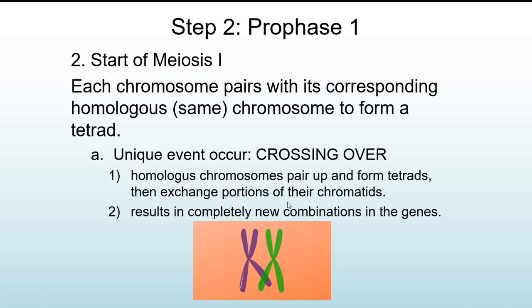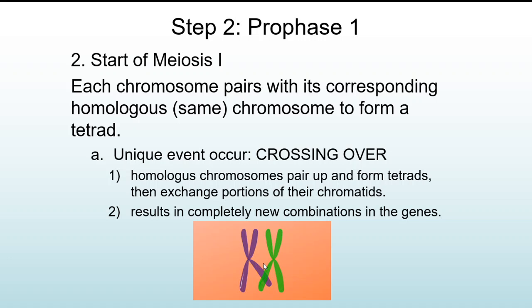But a very unique event, and it's very, very important for why, if you have siblings, they do not look exactly like you. If they have the same mom and dad just as you do, there's a reason why they don't look exactly like you. And here it is, because this is what we call crossing over. And it happens in prophase 1. So what happens, homologous chromosomes pair up and form tetrads, then exchange portions, and each single one is called a chromatid, and it results in new combinations.